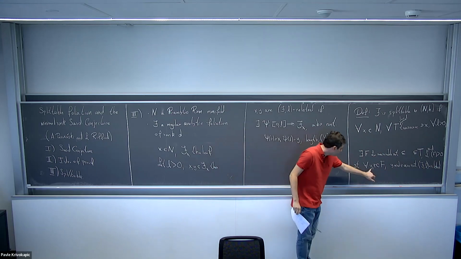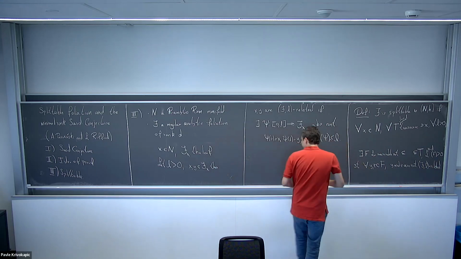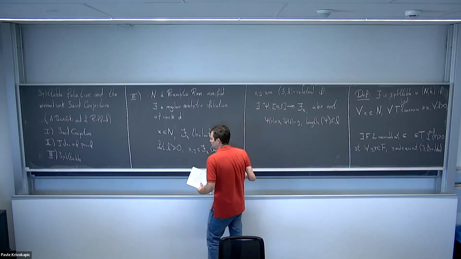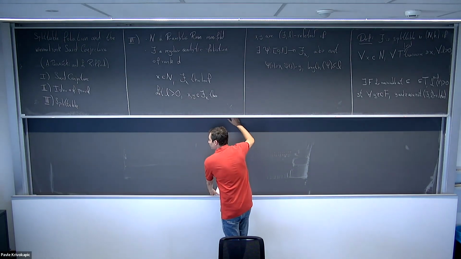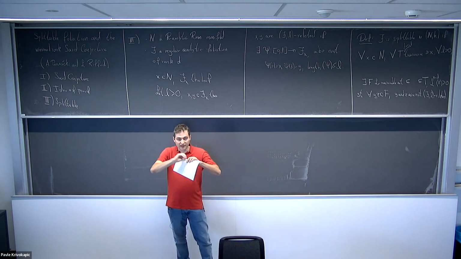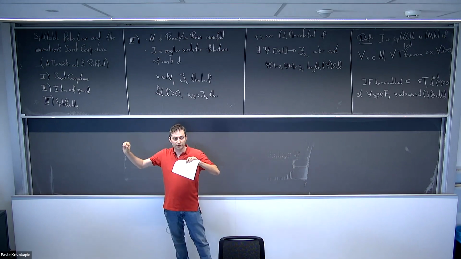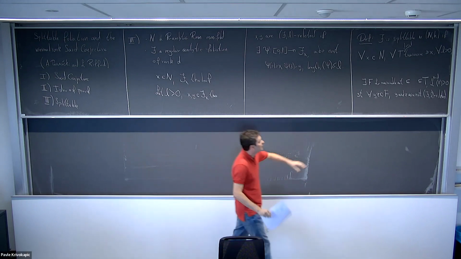This is the condition I want: in every point of this transverse, to find some subset where, at least with this length L, I cannot connect two points inside of F.